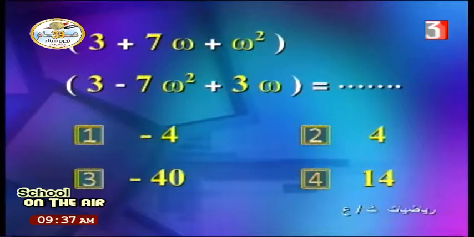Omega plus omega square equals negative 1. Remember, these rules are very important.